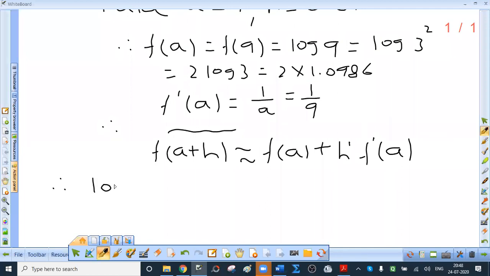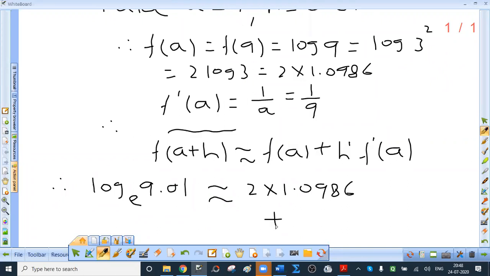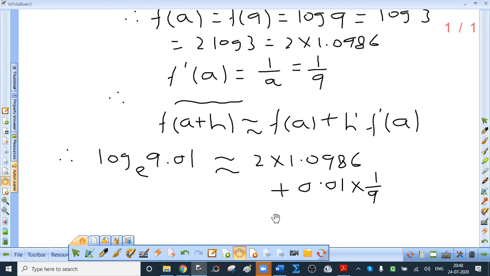Therefore, log of 9.01 to the base e, of course, is approximately equal to 2 into 1.0986. You have to find the product, plus what is h? H is nothing but 0.01 into 1 upon 9. Now you have to tell me the answer. I will not tell you. Write your answer in chat box.